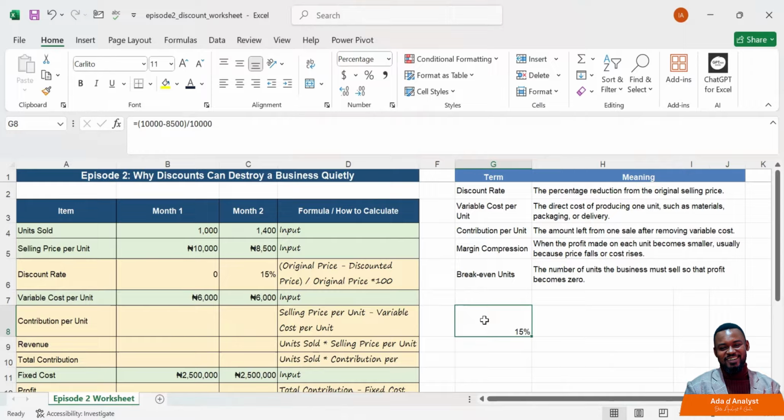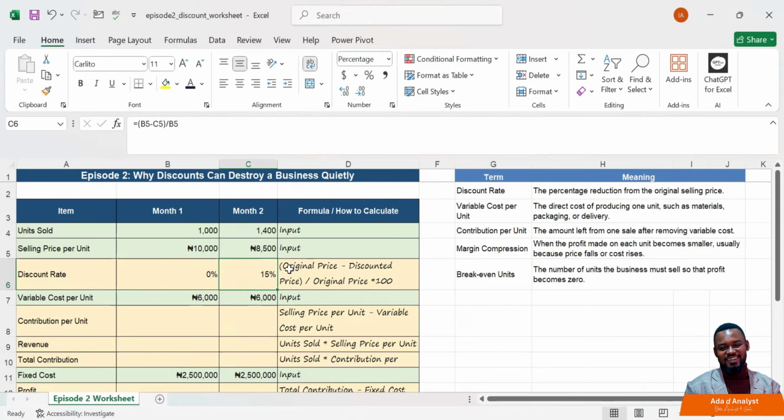So in Excel, if you want to format to percentage, you just have to calculate it as it is without multiplying by 100. Excel understands when you format it to percentage, okay? So we see that 15% was applied in month 2.